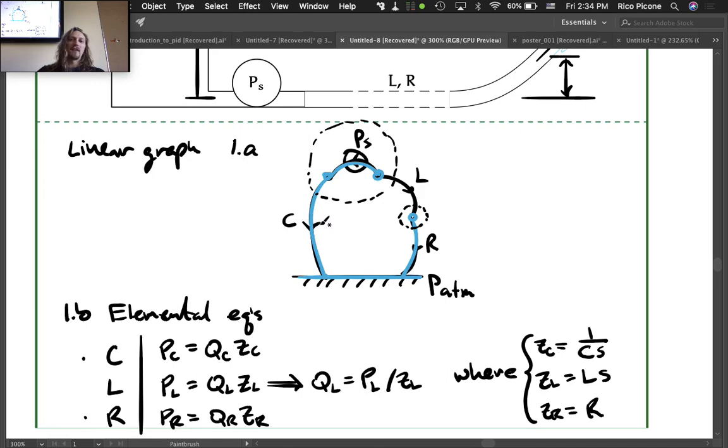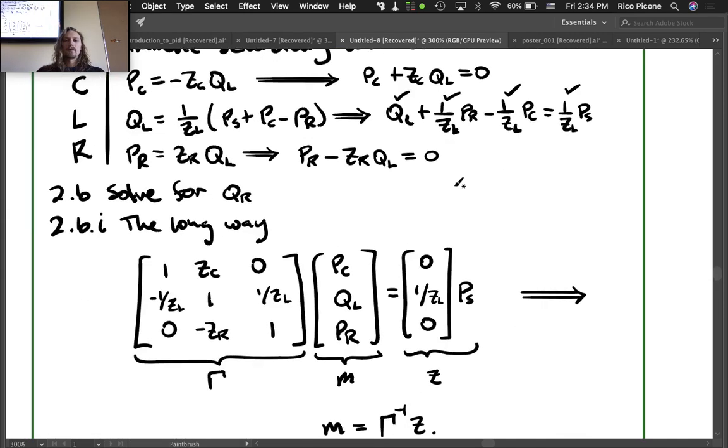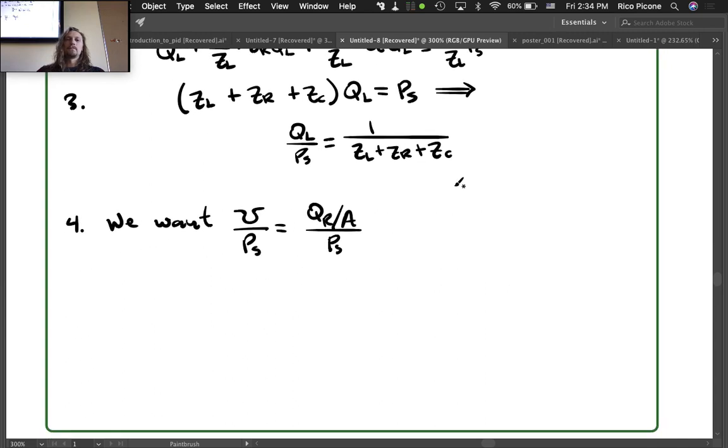But yeah, this is one loop, so they all have the same through variable. QR is just QL, so we have QL over A PS.